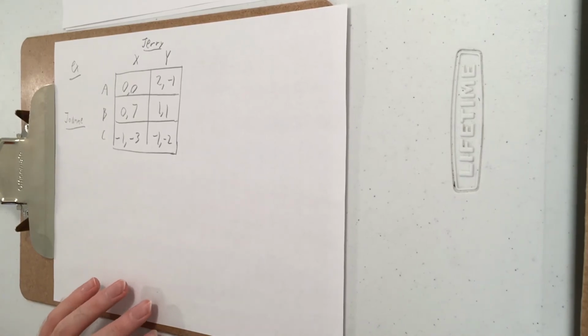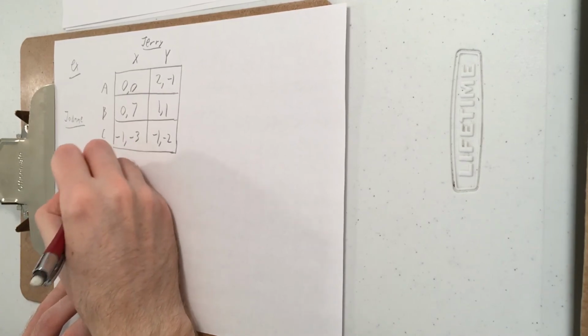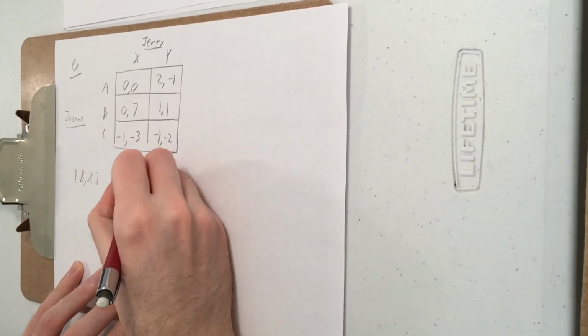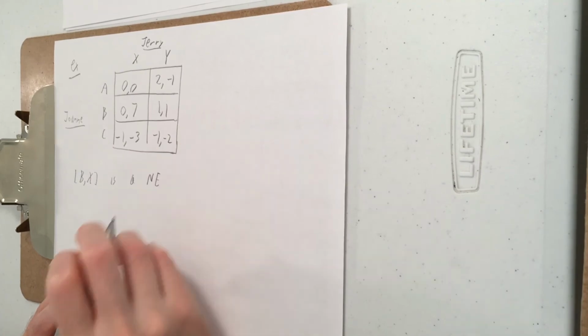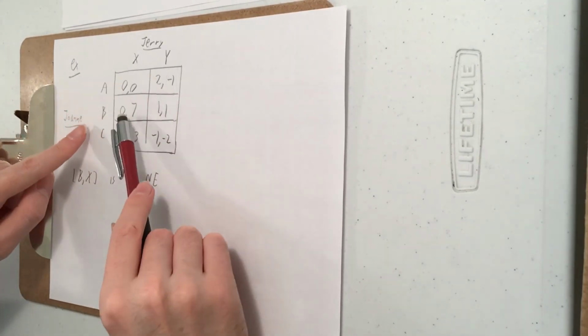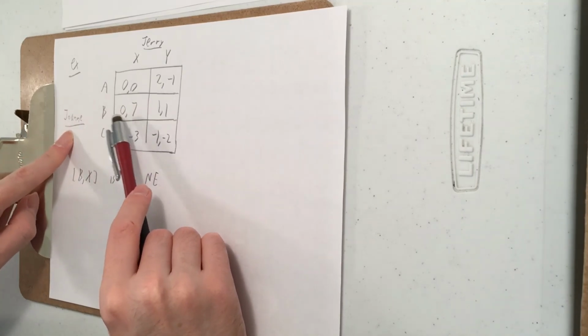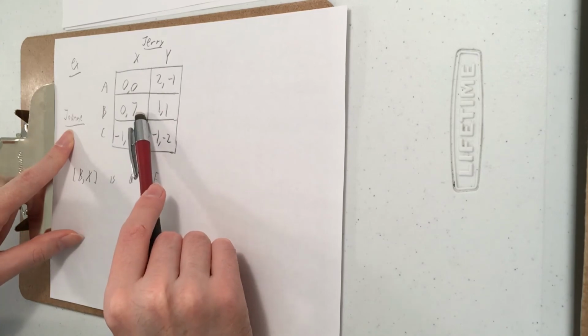So it turns out that Bx is a Nash equilibrium in this game. So if Joanne plays B and Jerry plays X, Joanne's our row player, and row players' payoffs always come first. Joanne gets the 0, and Jerry gets 7.